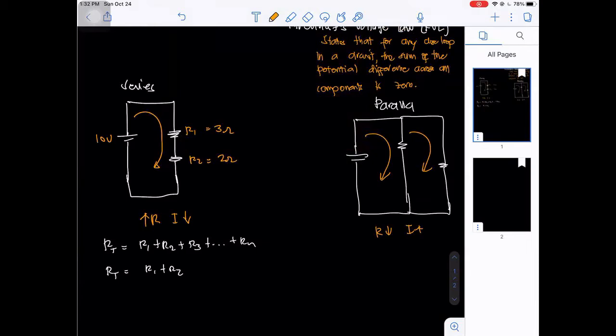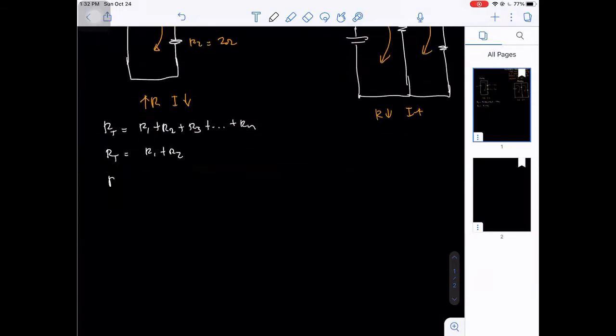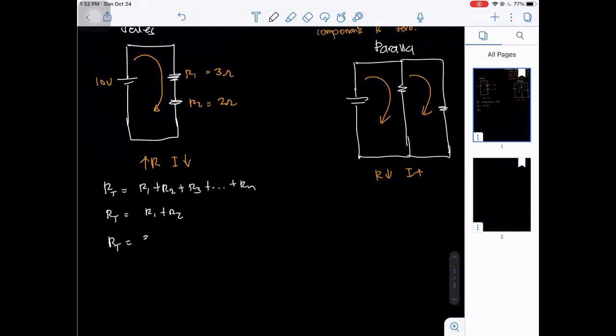So we can now find the total resistance. Total resistance is equivalent to 3 ohms plus 2 ohms, so we have a total of 5 ohms total resistance.